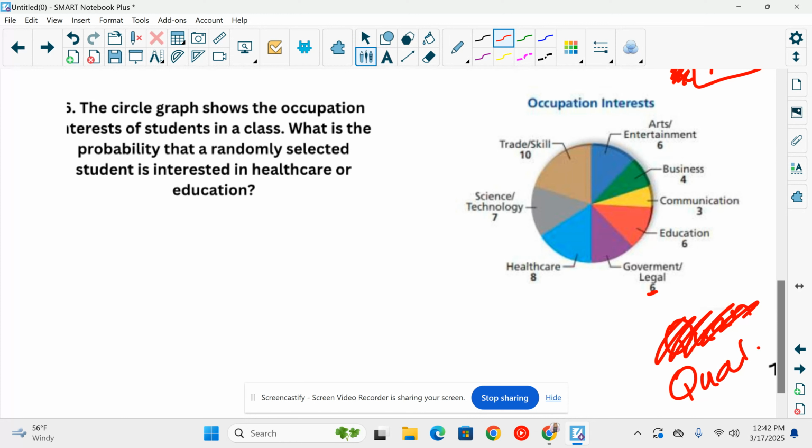So what is the probability that a randomly selected student is interested in healthcare or education? So we're looking at health and education out of the total amount.